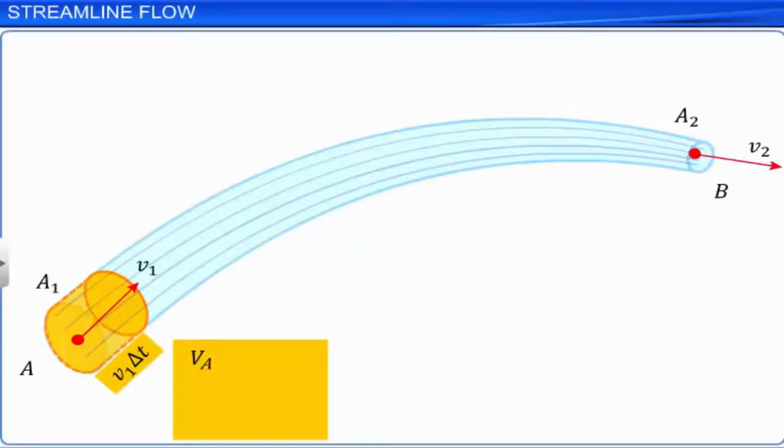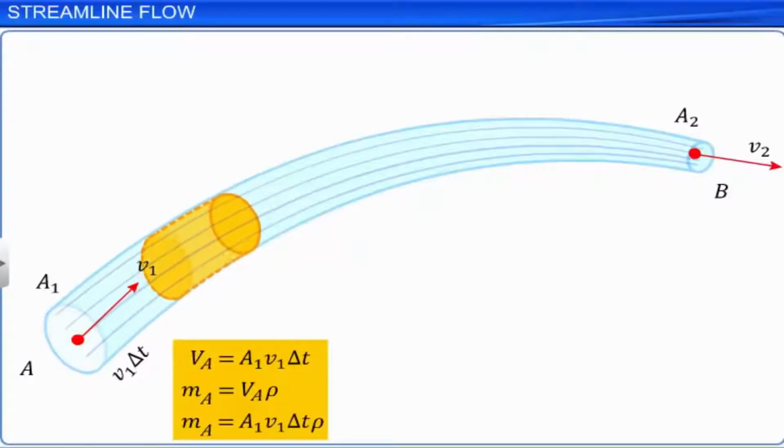The volume of the fluid going into the tube through the cross-section at A is A1 V1 delta t. If ρ is the density of the fluid, the mass of the fluid, MA, entering the tube at A in time delta t, is A1 V1 delta t rho.